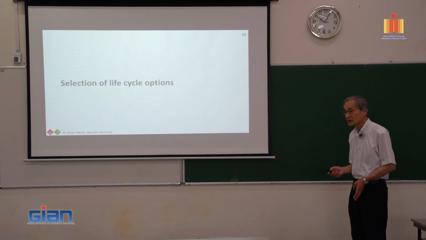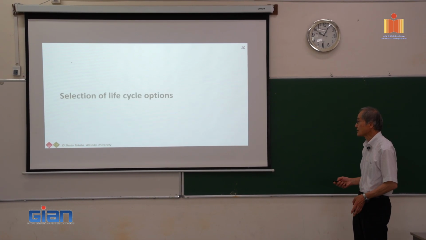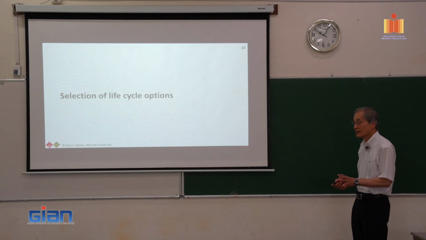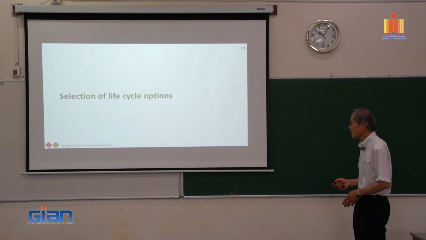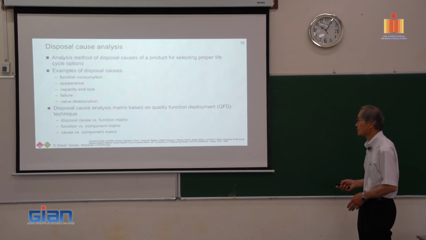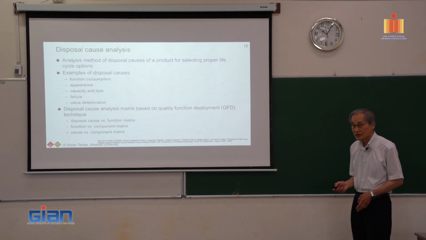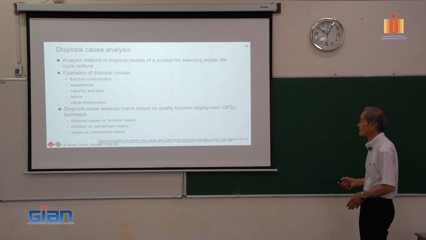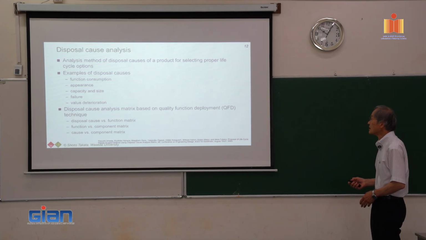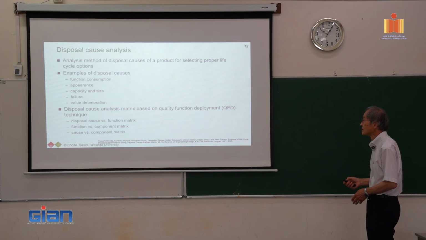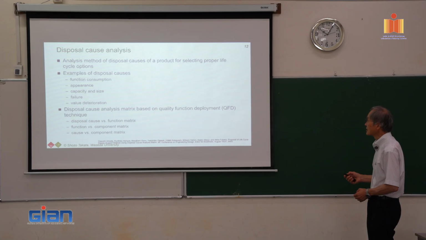And now I would like to say a bit about the selection of life cycle option, the method of the selection of life cycle option, which we call disposal cause analysis. This analysis method is selecting the proper life cycle options.